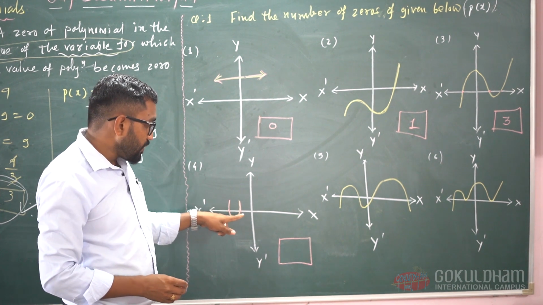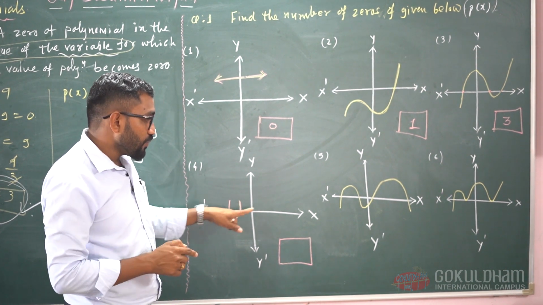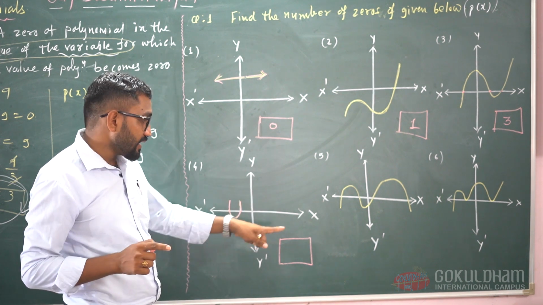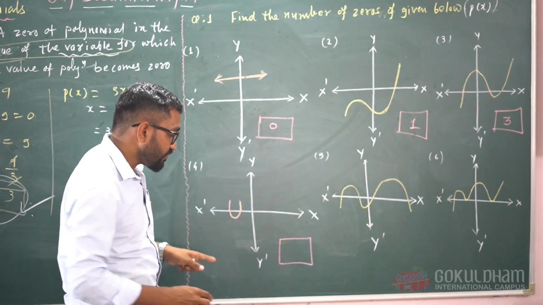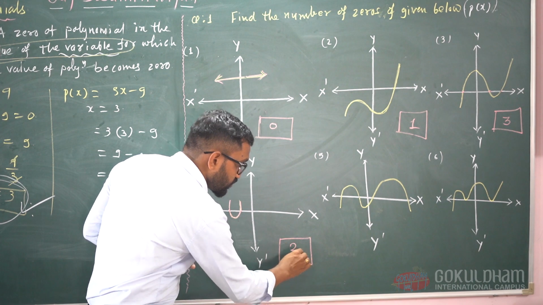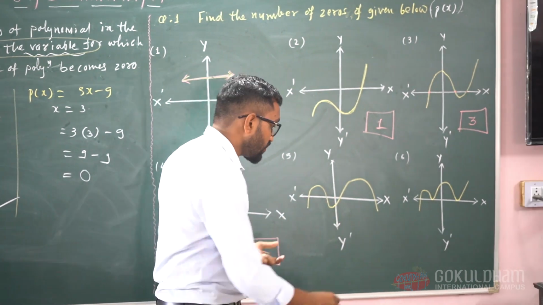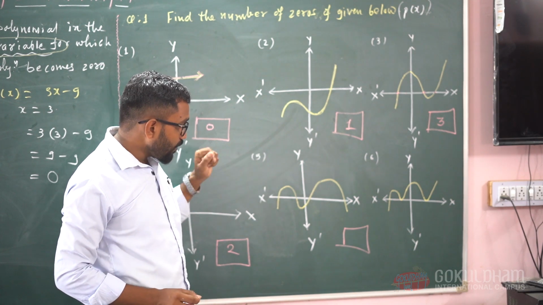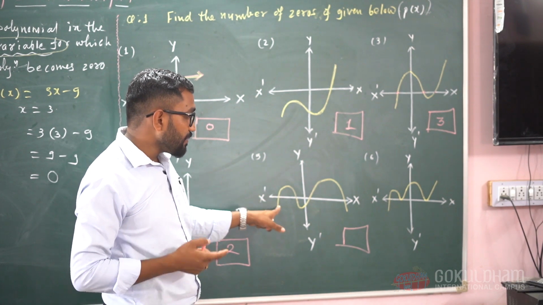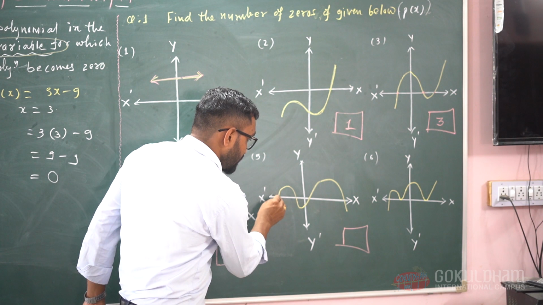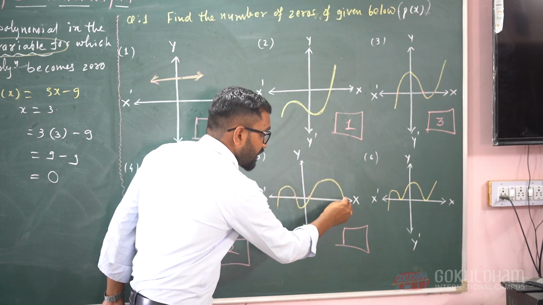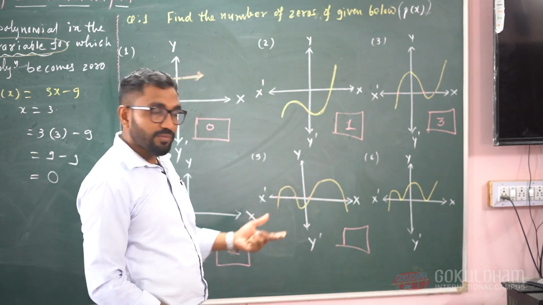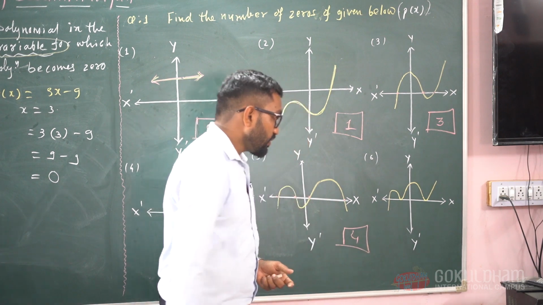Therefore the number of zeros is 2. Here is one more example, example number 5. How many places does the graph intersect? 1, 2, 3 and 4. The number of zeros is 4.